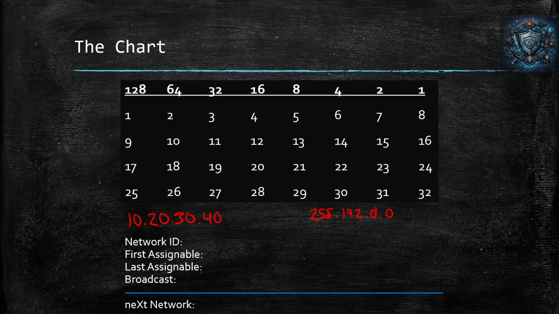Well, working from what we did last time, if we have 255, that means this whole row is taken, right? And then to get 192, we take 128 plus 64, and that gives us 192, which means this is a /10.